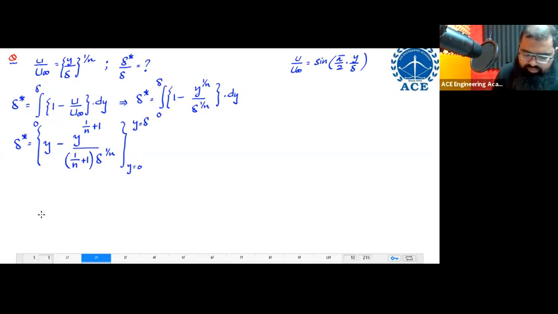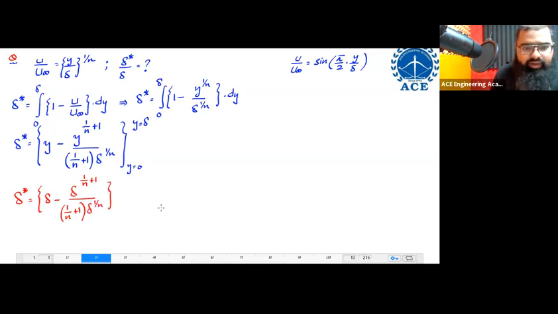Now let us put in these values. If I put y equal to 0, I'm going to get 0 only, so there is no point of putting the lower limit. Just apply the upper limit. If you apply the upper limit, you're going to see delta minus delta power (1 by n plus 1) divided by (1 by n plus 1) into delta power 1 by n. This is the value I'm having.